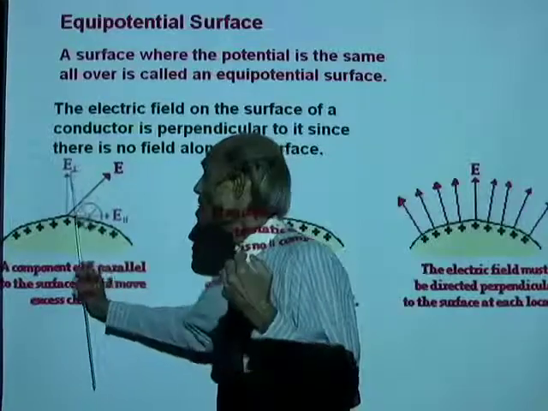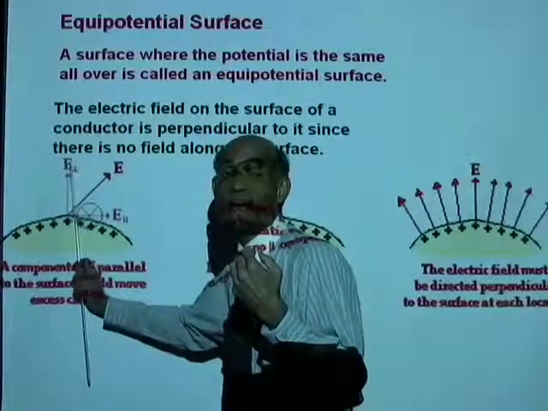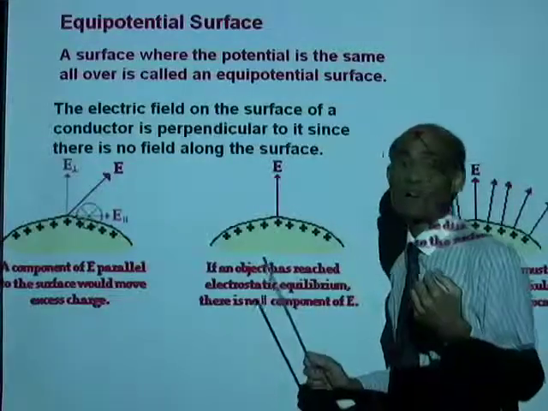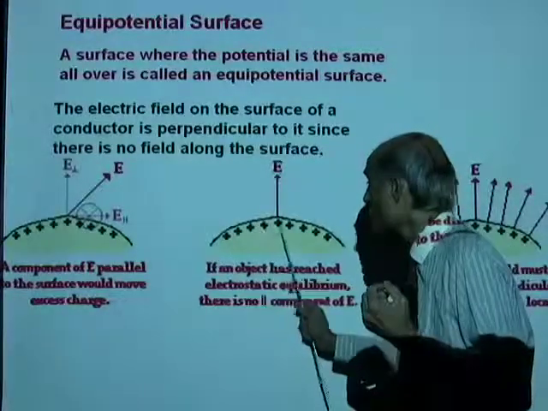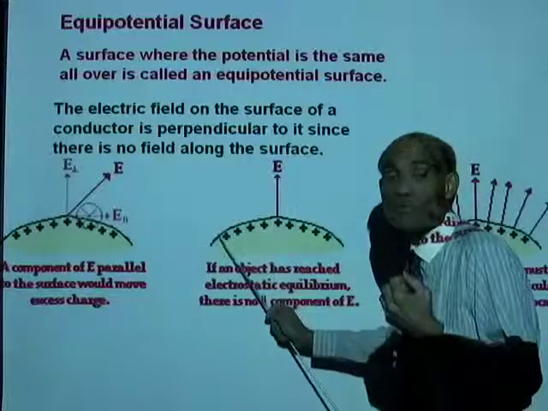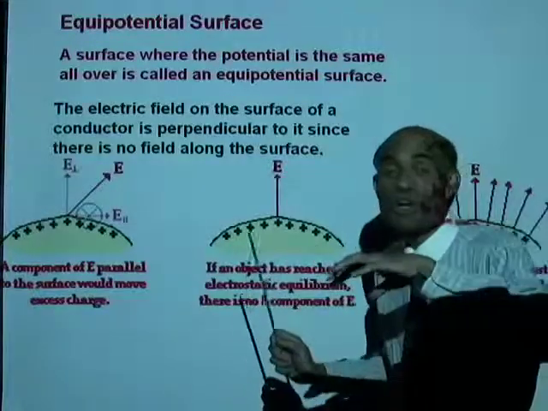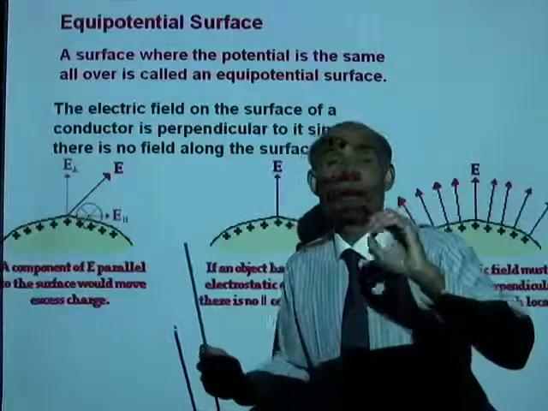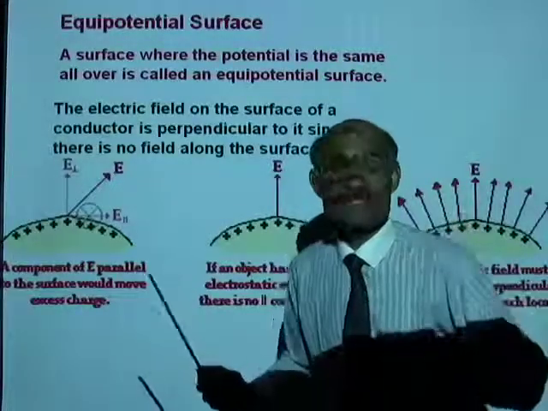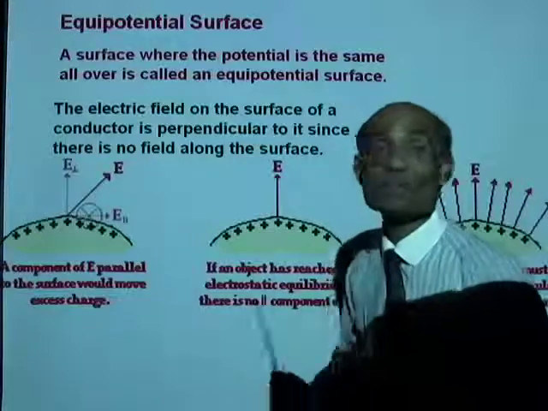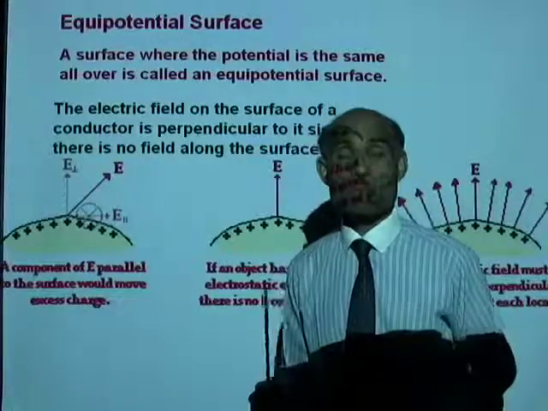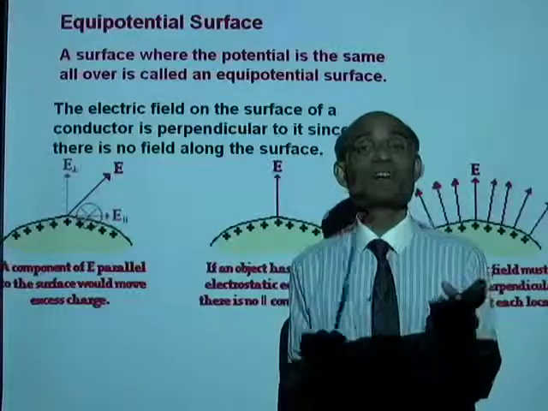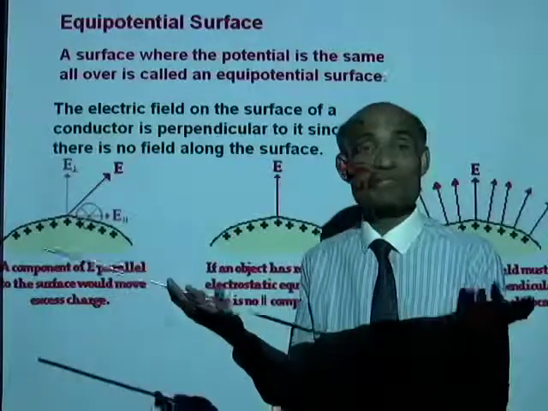That means the electric field is at right angles to any surface that is charged. Now, if the electric field is at right angles, there is no electric field along the surface. If E equals 0, that means the potential is a constant. So the conclusion is the surface of any charged conductor is an equipotential surface.